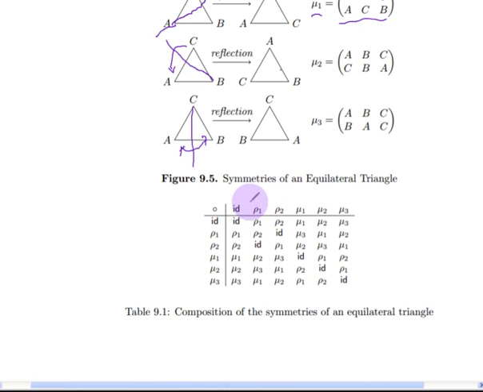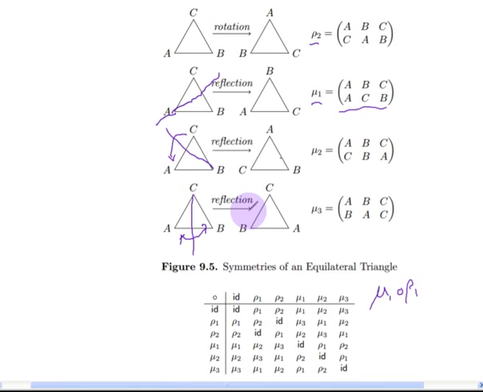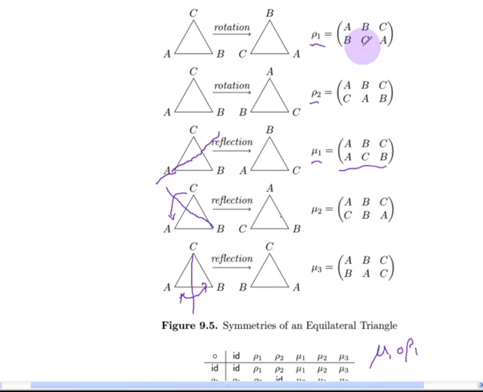We start with rho 1 because when you have mu1 composed rho 1, you're first applying rho 1 and then you're applying mu1. So let's verify mu1 rho 1. Okay, you would take rho 1 first and then go to mu1. So here we have, let's just write here, mu1 composed rho 1 is equal to what?